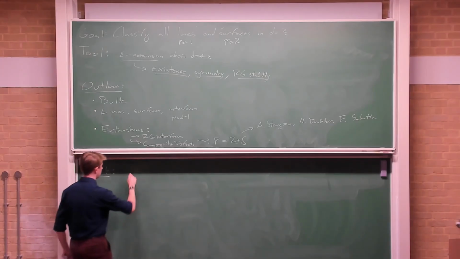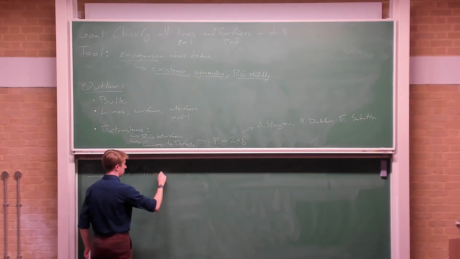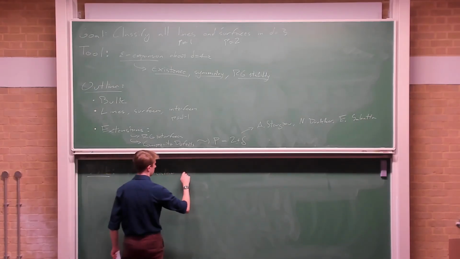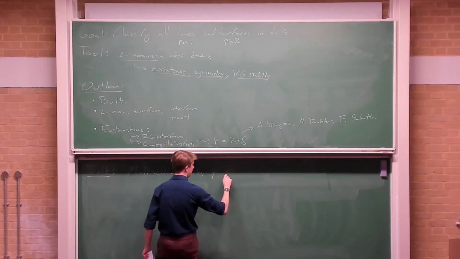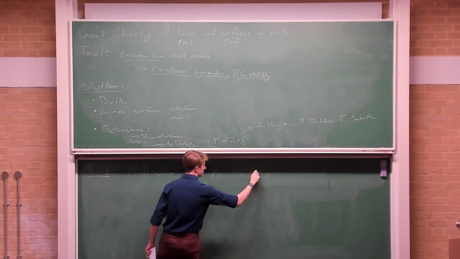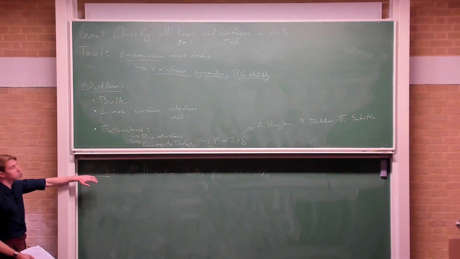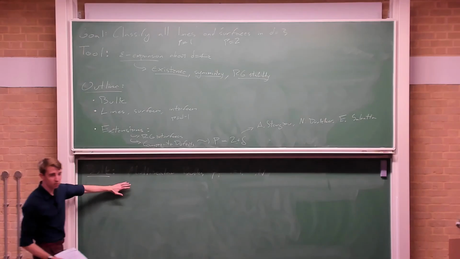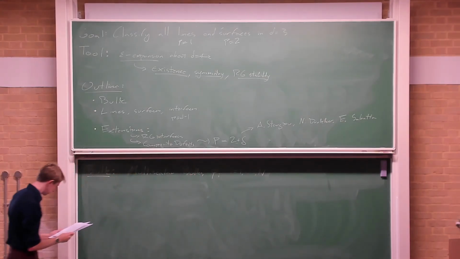So we'll focus on purely scalar theories. So we'll have some number n of scalar fields. You can extend this as well to fermions, and in fact we do in the papers, but in the interest of time, I won't cover that. The extension is fairly straightforward when you can have Weyl fermions.